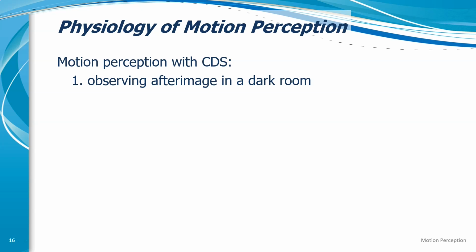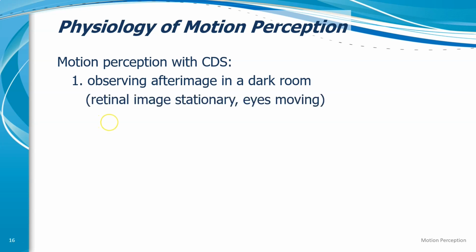You'll be in a completely dark room, and you'll have kind of a purplish spot in your eyes. And if you move your eyes around, that purplish spot will seem to be moving. Well, it's not. It's on the same part of your retina, but your eyes are moving, producing a CDS, and this will seem to be moving around the room.